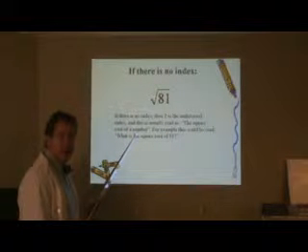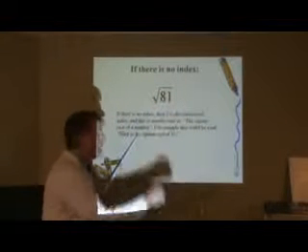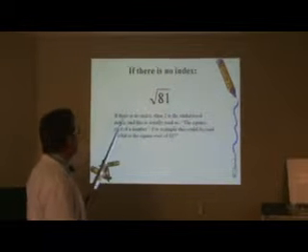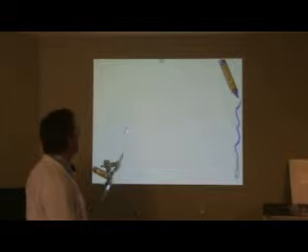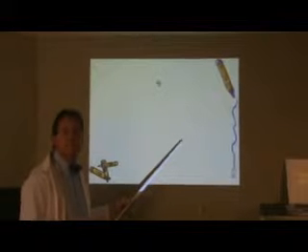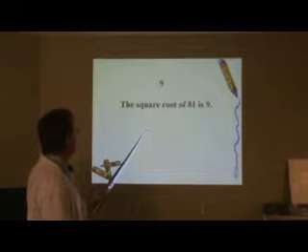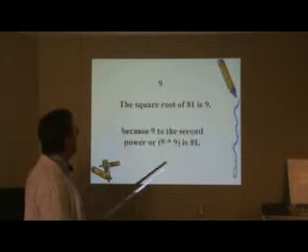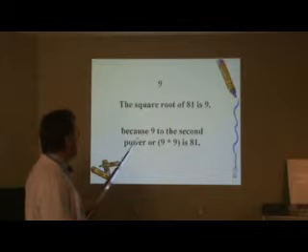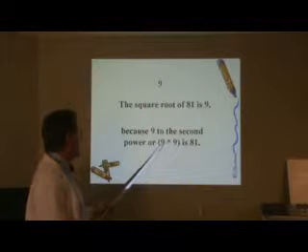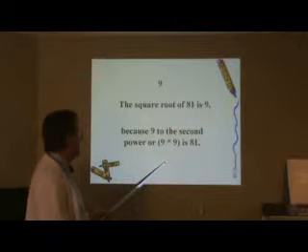And what it is asking is, what number times itself twice equals 81? The answer? 9. Because 9 times 9 equals 81. The square root of 81 is 9.